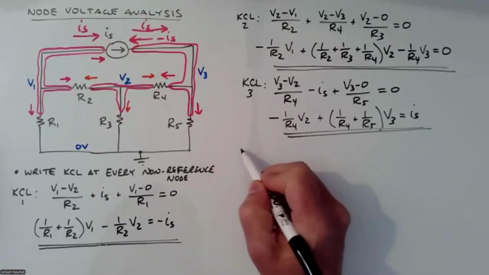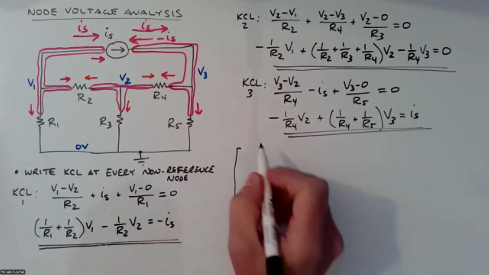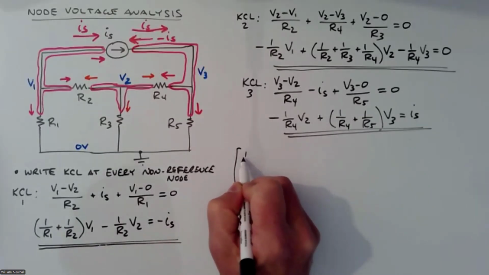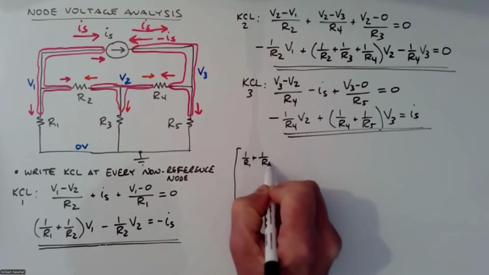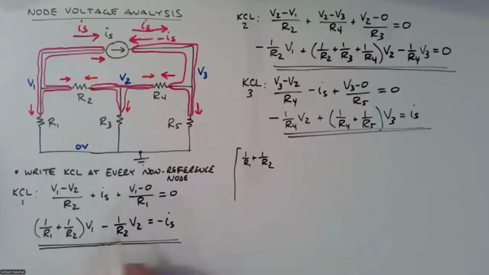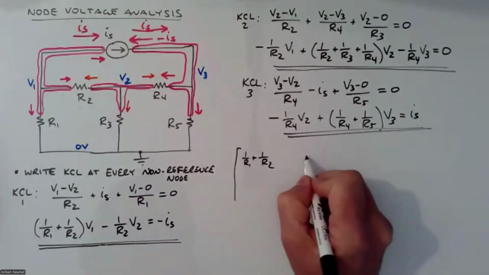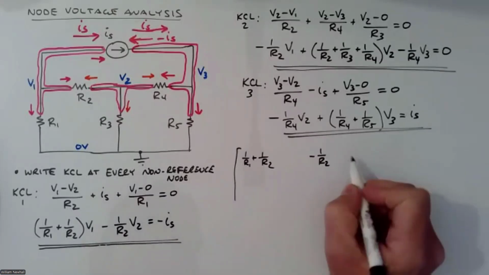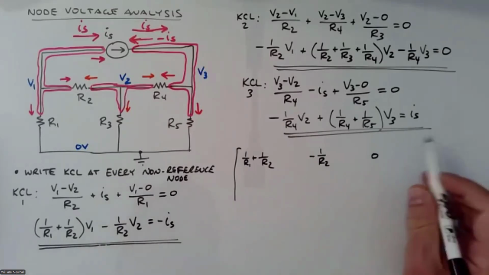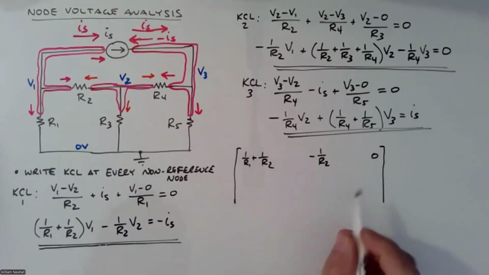So let's do this. I'm going to put the coefficients of V1, V2, V3 like this. So this is 1 over R1 plus 1 over R2. Okay, that's the coefficient of V1. Coefficient of V2 is negative 1 over R2. Coefficient of V3 is 0. So I'm writing all these out as a matrix. So that's this equation.